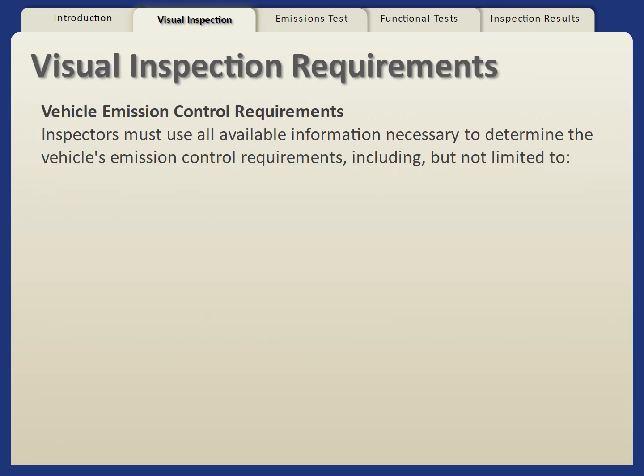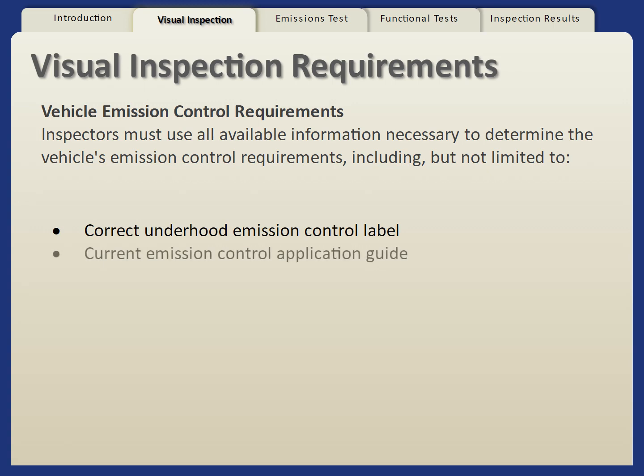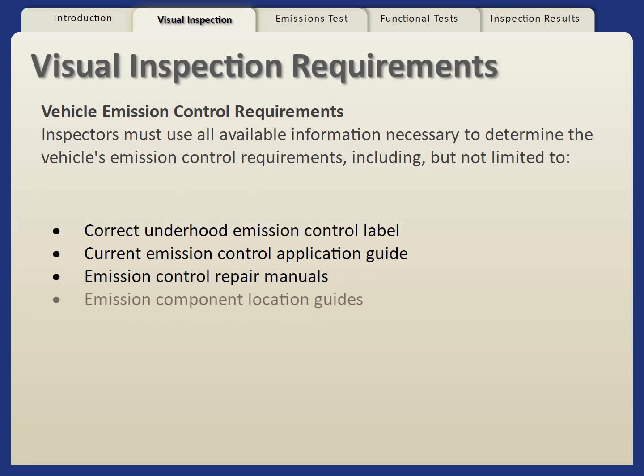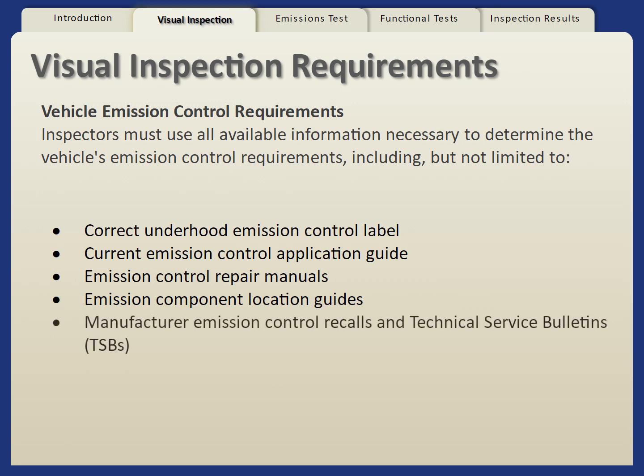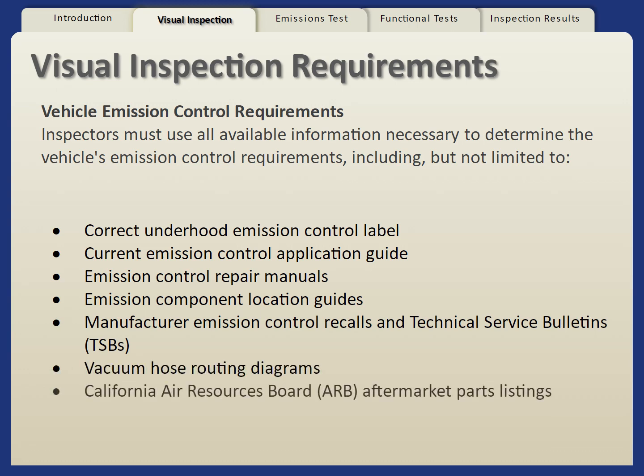Inspectors must use all available information necessary to determine the vehicle's emission control requirements, including, but not limited to, correct underhood emission control label, current emission control application guide, emission control repair manuals, emission component location guides, manufacturer emission control recalls and technical service bulletins, or TSBs, vacuum hose routing diagrams, California Air Resources Board, or ARB, aftermarket parts listings, and aftermarket parts label.